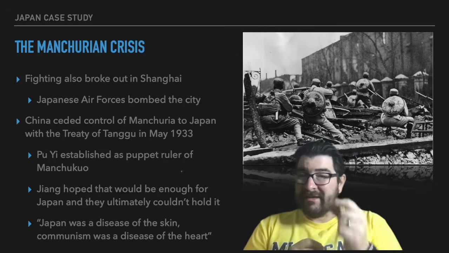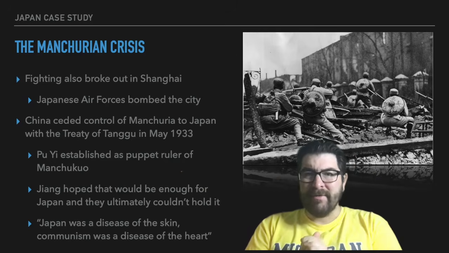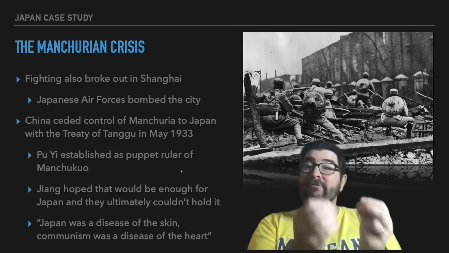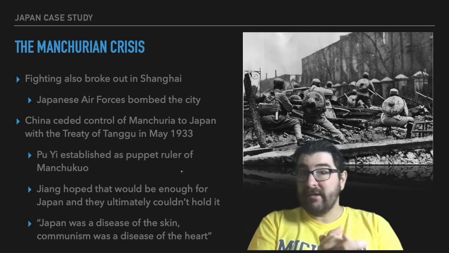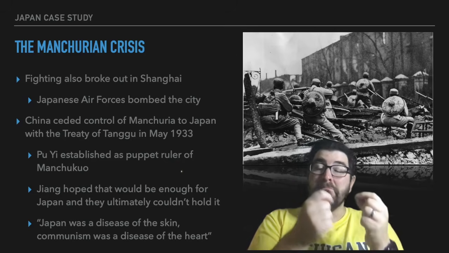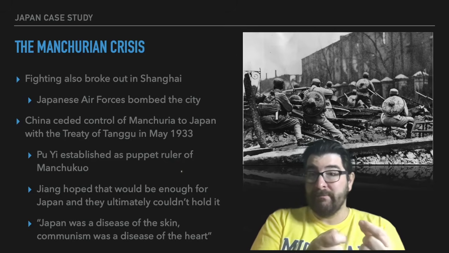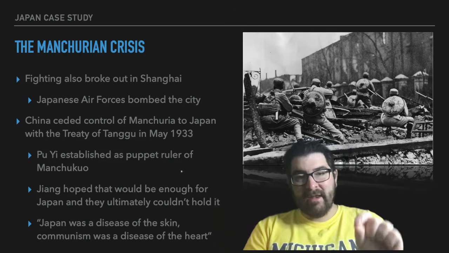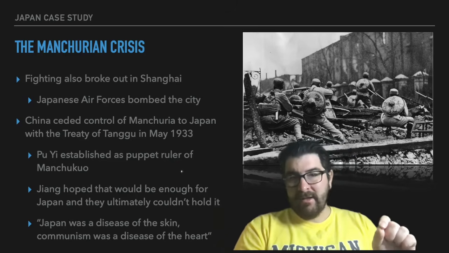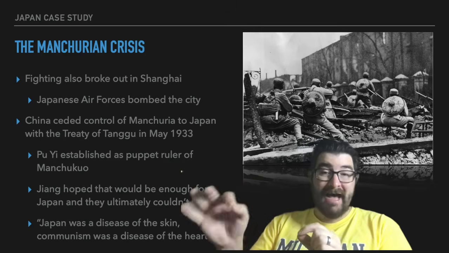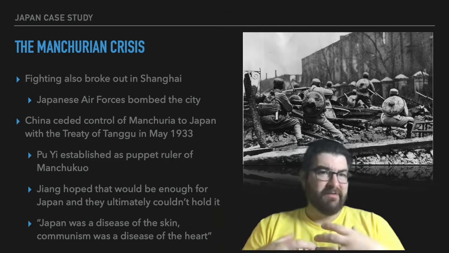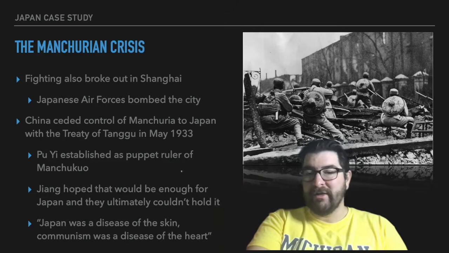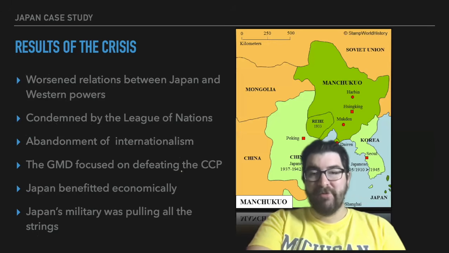And at this point in 1933, his thinking is that his rivalry with Mao Zedong and the communists is actually more important to deal with in the immediate than Japan. In fact, Zheng Jixi would say that Japan was a disease of the skin, while the communists were a disease of the heart. So it was much more important to deal with the communists first.